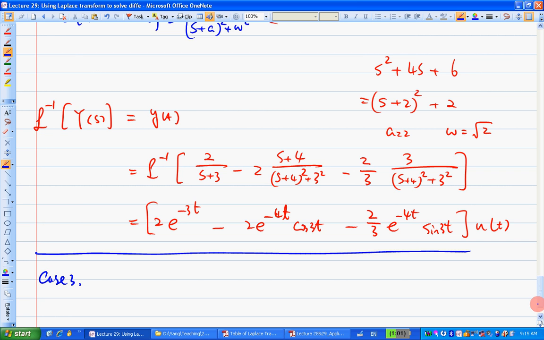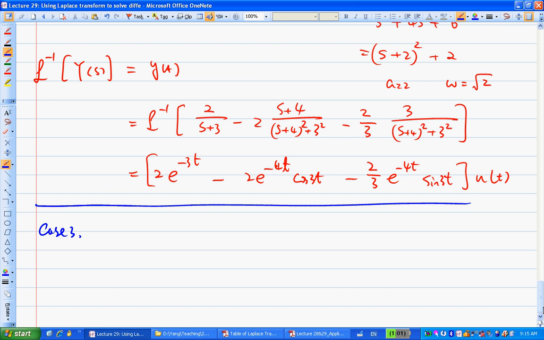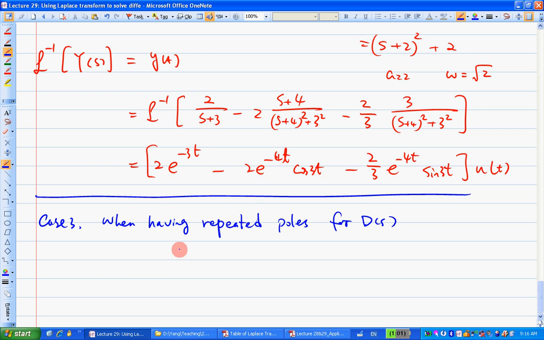So the last case is when you have repeated roots, just like the 3 different cases, right? So here's the case. Let's say Y of s equals 2 over s cubed times s minus 1.